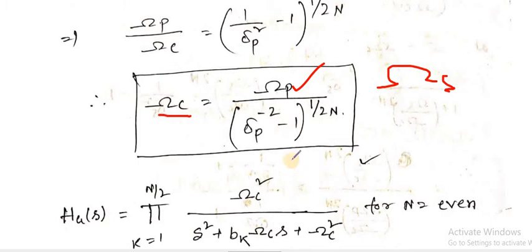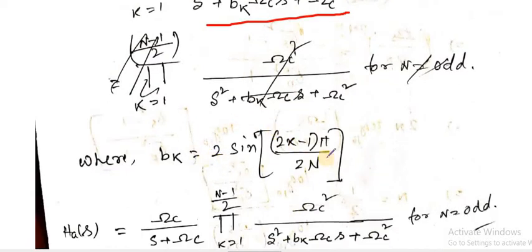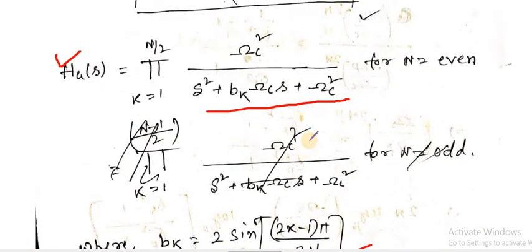Now if we know these formulas, then depending on the order, if the order is even, the analog transfer function is governed by this formula, where bk is nothing but this one. Unfortunately, you have to remember all those formulas.